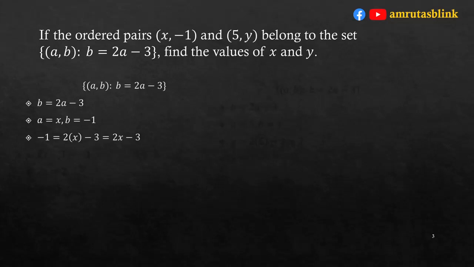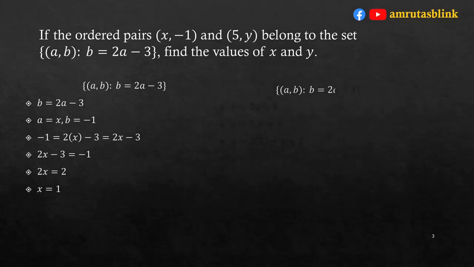So we get the linear equation as 2x minus 3 is equal to minus 1. That means 2x is equal to minus 1 plus 3, that is 2x is equal to 2 and hence x is equal to 1.